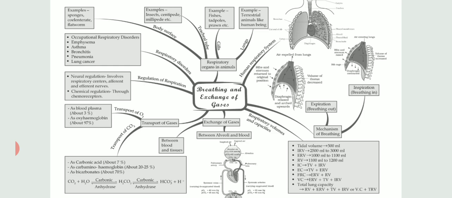And similarly, expiration, that means exhaling of carbon dioxide, again with the help of the diaphragm, ribs, and the sternum bone that is present in the middle, also known as the chest bone. Then we are going to talk about various volumes which will tell us what our capacity is to inhale and exhale normally or forcefully.